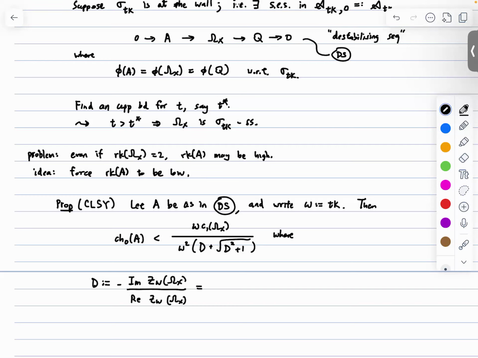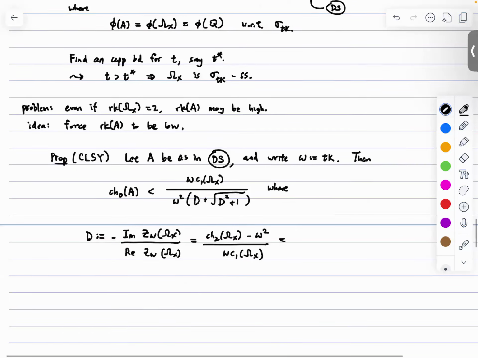And if you write down what these are using the definition of this group homomorphism we wrote down earlier, this number, capital D, is just the second Chern character of the cotangent bundle minus omega squared over omega times the first Chern class of the cotangent bundle. And if you write it even more explicitly, you can write it as tau sub X over twice K squared, K being the canonical class, times 1 over t minus t.